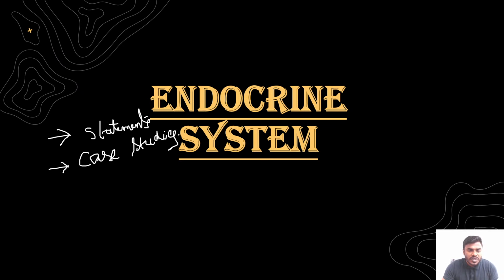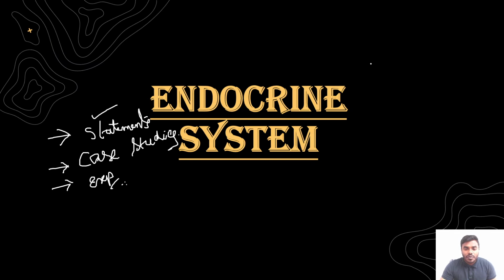Because a particular disease occurred and it was treated properly, and once again the symptoms reappeared, what is the probable reason? So every time the questions will be with respect to case studies. So either statement or case studies. In very rare cases you can get an experimental based question.